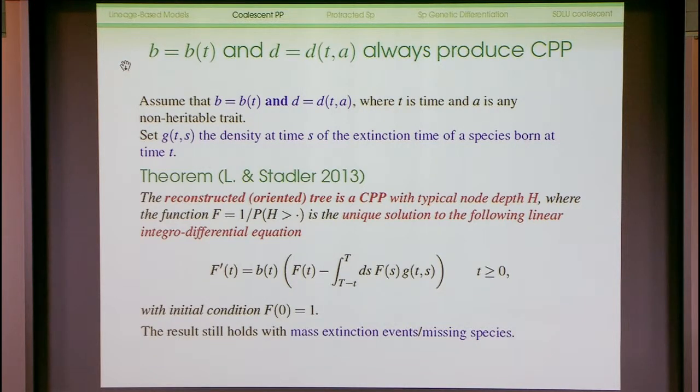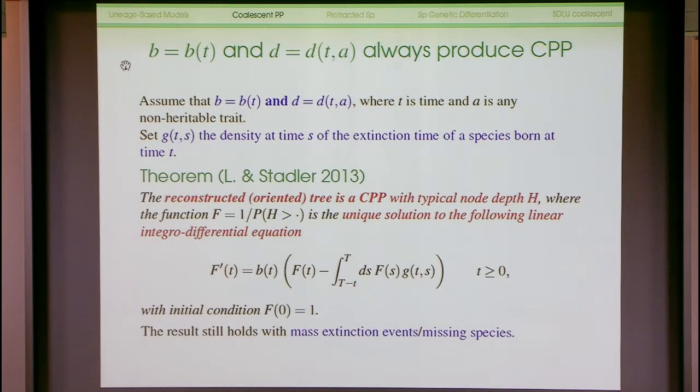Recall that all these node depths have the same distribution, which can be expressed in terms of the ingredients of the model, in terms of this linear integro-differential equation. So it is very easy to compute this f by numerical computation of the solution of this equation.